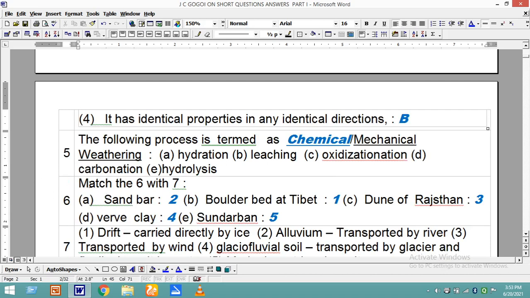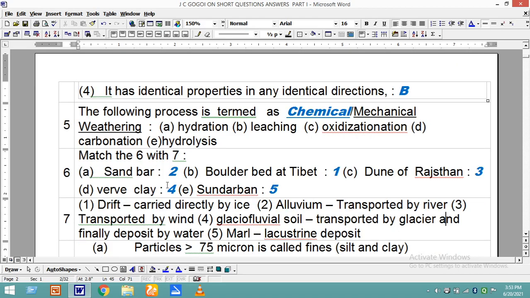Next question is match the following, 6 with 7. In 6 there are: A is sandbar, B boulder bed, C dune of Rajasthan, D Bharv clay, E Sundarban.